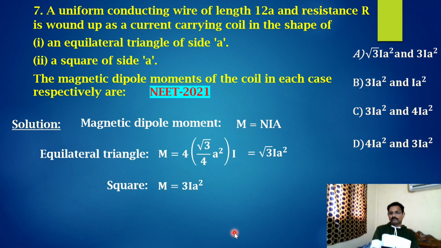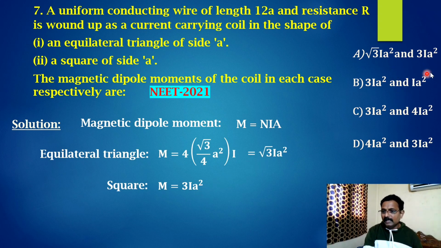So from the options, for equilateral triangle root 3 I A square, for square loop 3 I A square, option A is the answer, my dear.